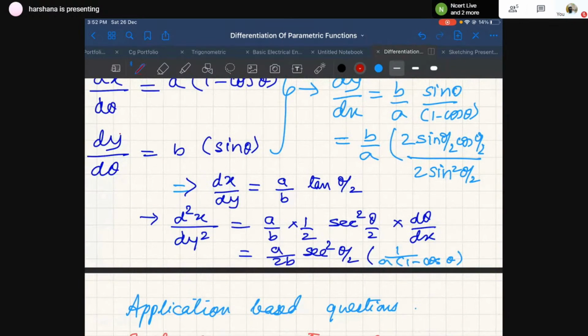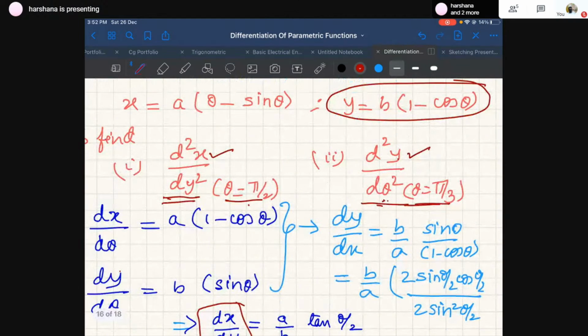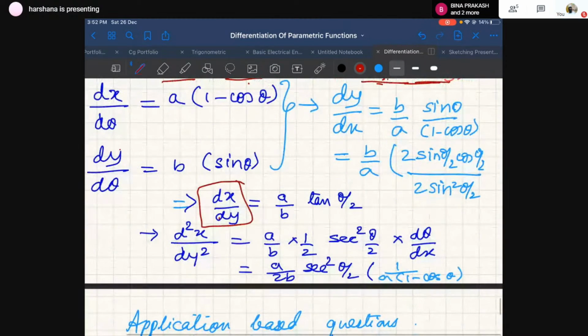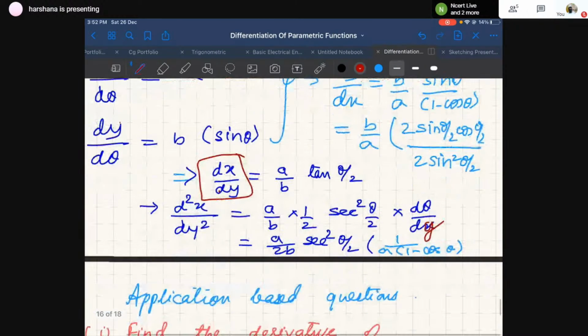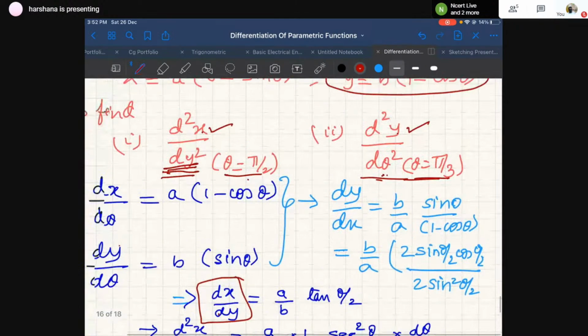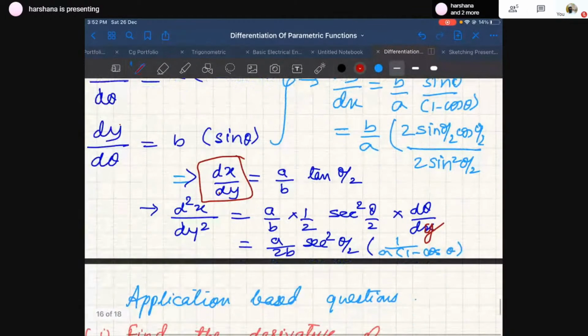First we found dx and dy, we found dy on d theta, and then not dx on dy, because I wanted the second derivative of x with respect to y. In this case I have applied d on dy on both sides. So we have d theta on dy. You have to bring that term from here. Okay, so that is 1 upon sin theta.